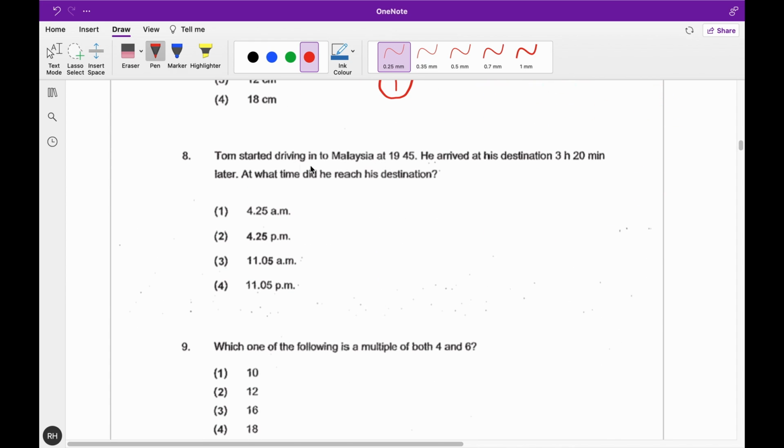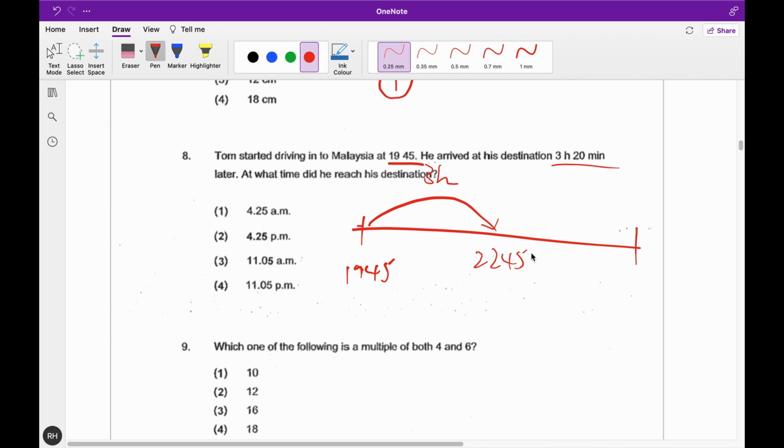Question 8. Tom started driving into Malaysia at 1945. He arrived at his destination 3 hours 20 minutes later. At what time did he reach his destination? Okay, so if we draw a timeline, this is 1945. 3 hours later will be 2245, and then we'll split this into 15 minutes first.